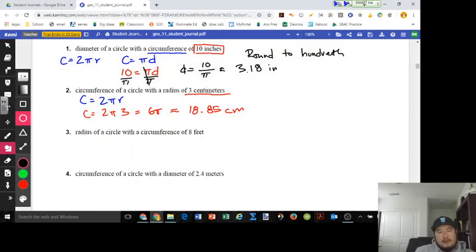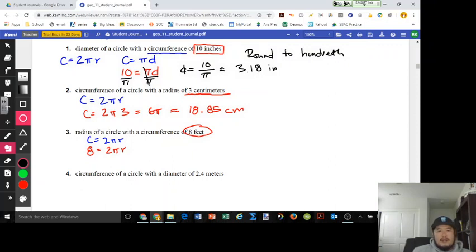This one says they have the radius of a circle with a circumference of 8 feet. So this time around, circumference equal to 2 pi r, but they give us the circumference of 8 feet. So I want to plug in 8 for c, and that's equal to 2 pi r. By doing this right here, let's go ahead and get r by itself.